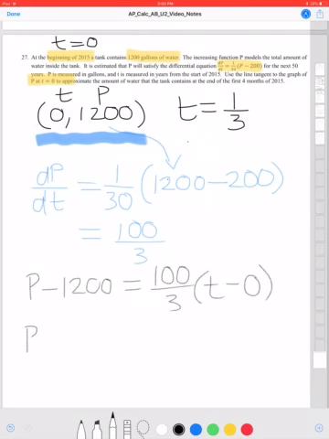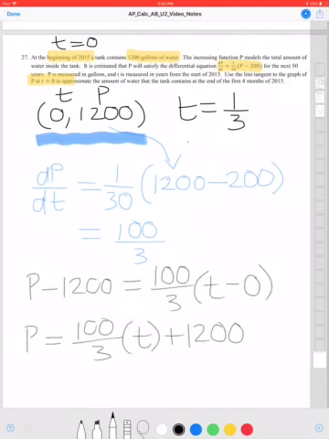So what is the approximate value of P when t equals 1/3? So I'm going to solve for P since that's what I've got to find. All right, and let me go ahead and plug in t is 1/3. And you can simplify that by hand or using your calculator.